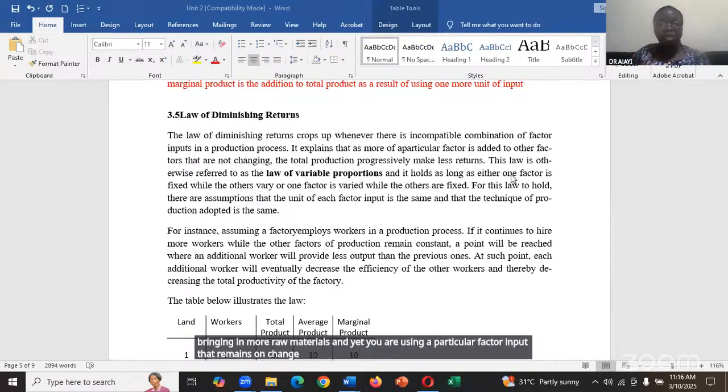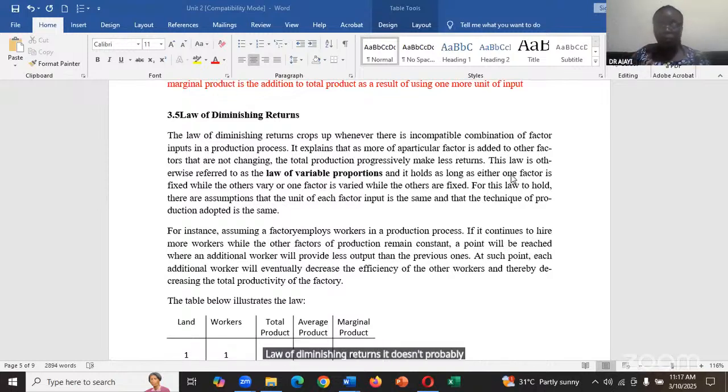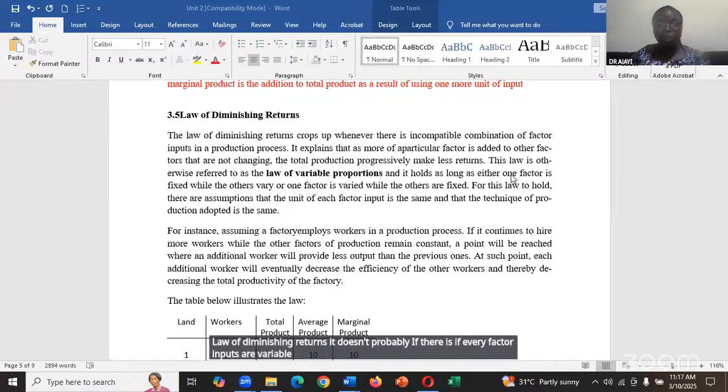So the law of diminishing returns doesn't crop up if every factor input is variable, but only when one or two factor inputs are fixed.